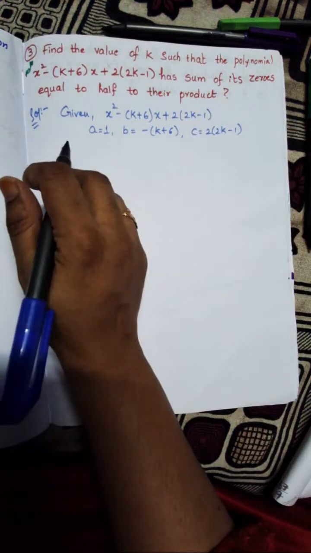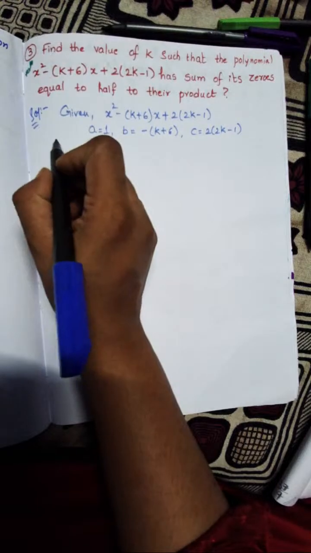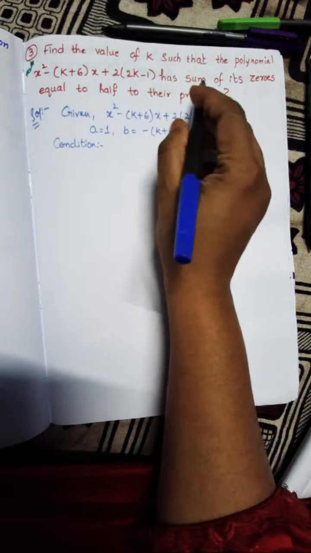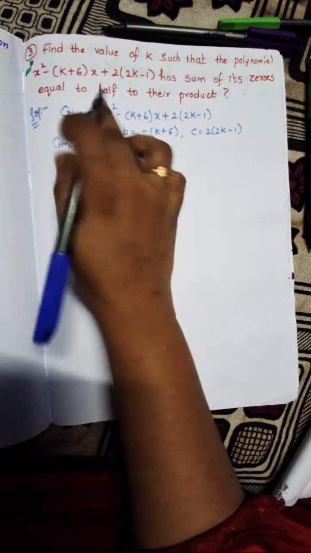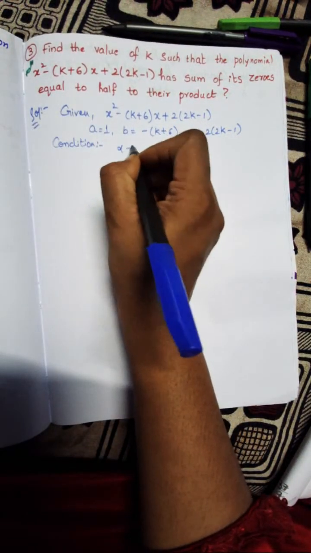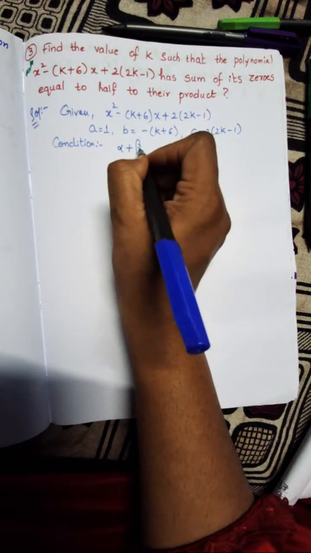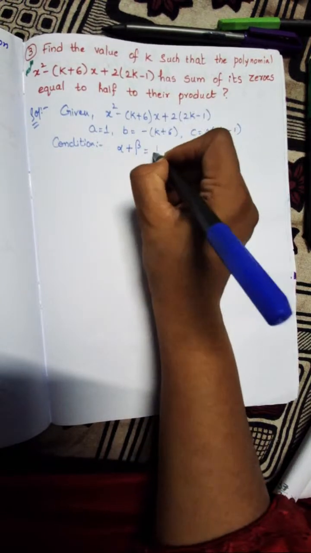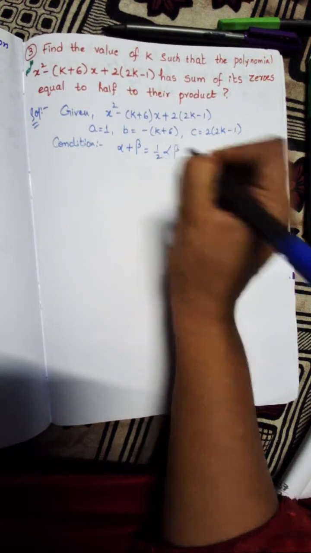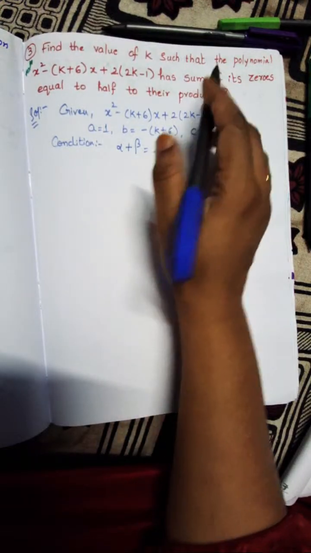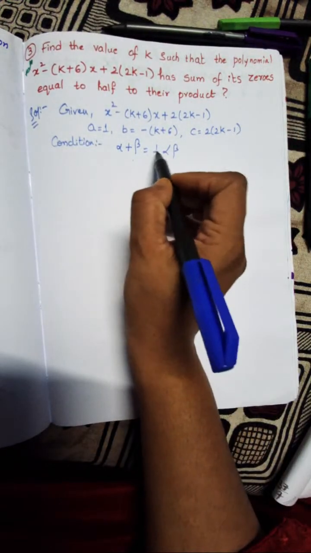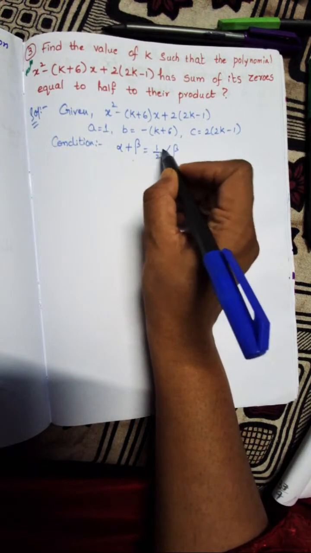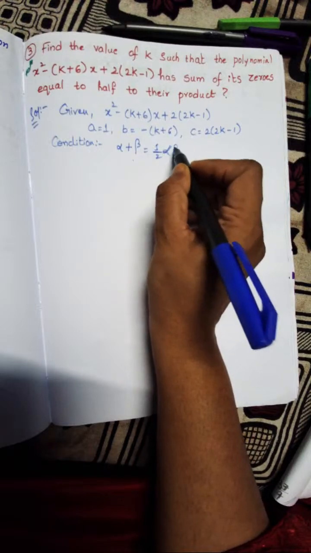Now the condition given in the question is that the sum of its zeros, let us take alpha and beta, is equal to half of their product, that is alpha and beta's product.